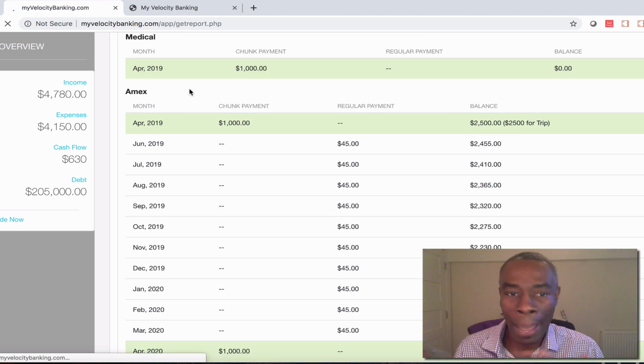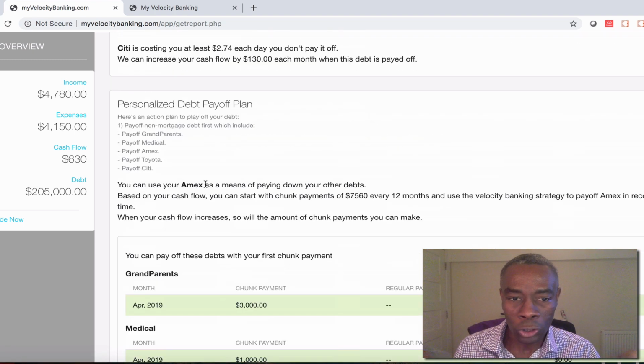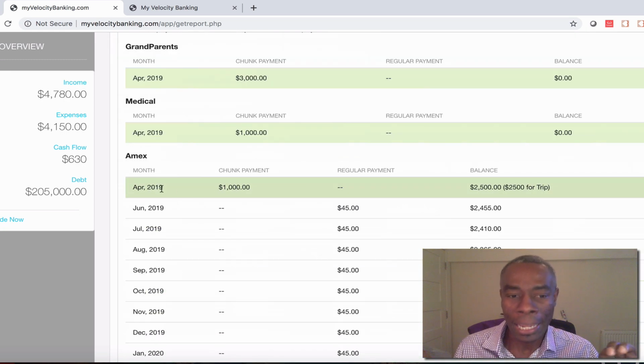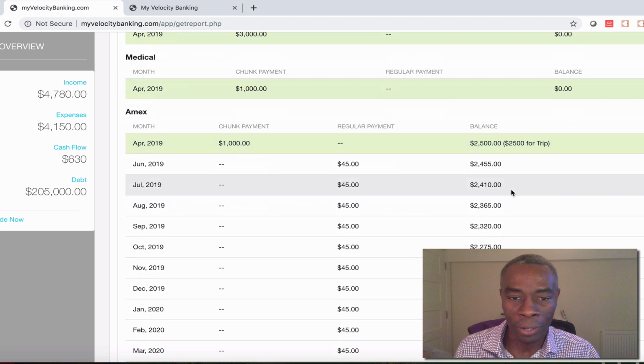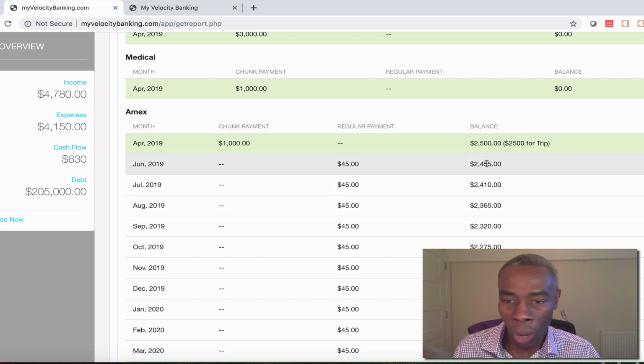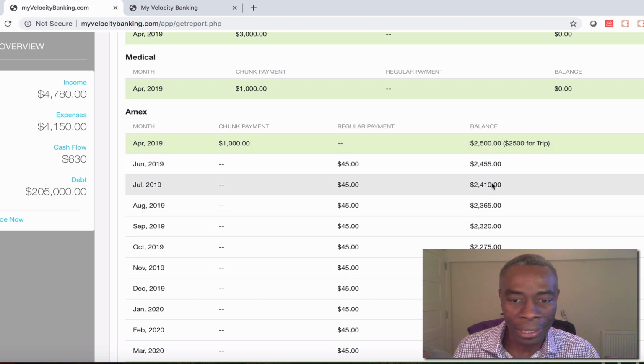Now, on the Amex, because you're using your Amex as a means of paying down your other debt, that means it is going to automatically factor in this $2,500 for your trip right into the calculation of your Amex, and when you do chunk payments, all that other stuff. And then it'll remind you and make a little note of when the trip is actually going to happen. But all the while, it's already factored this in.